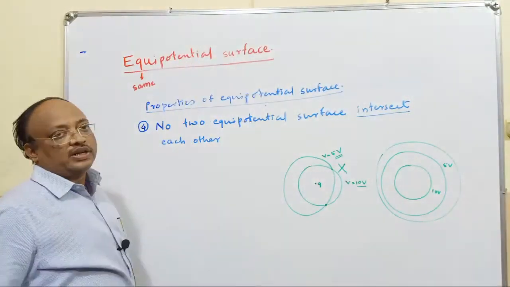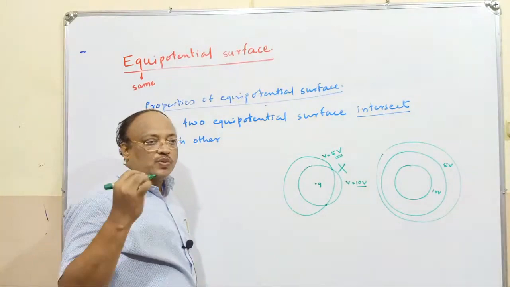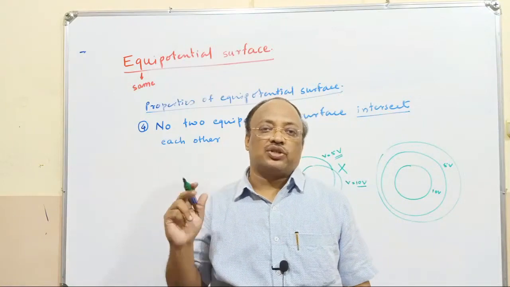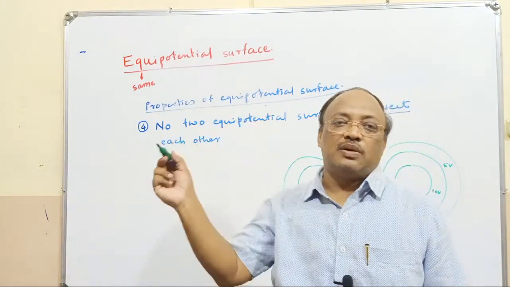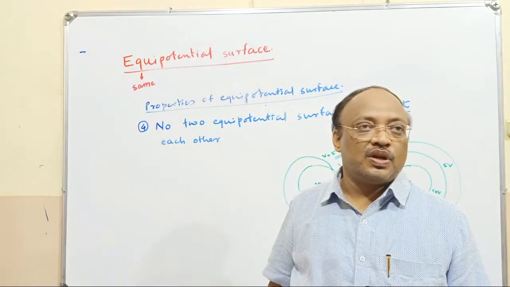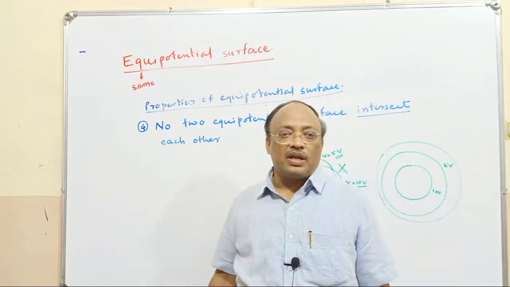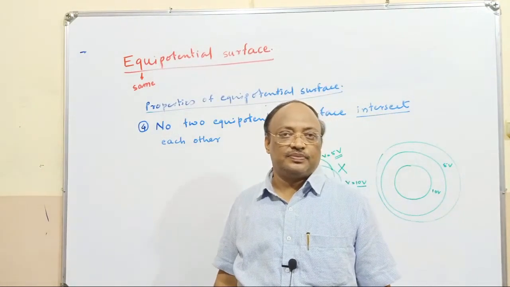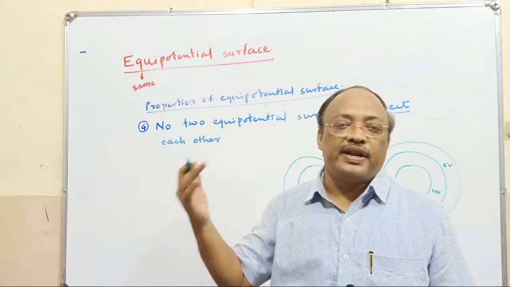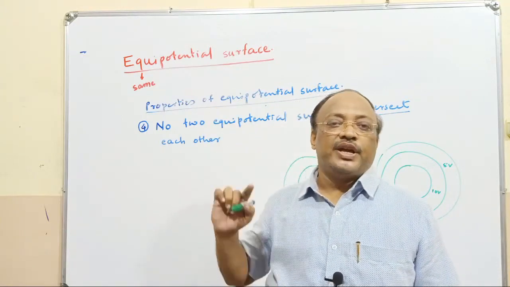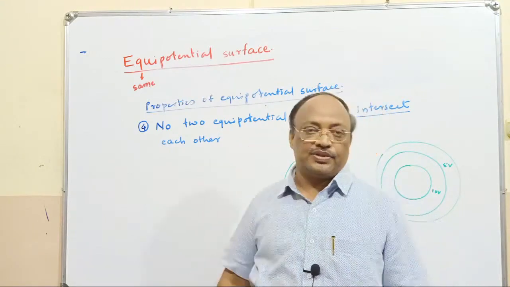So these are the properties of equipotential surface. The first: no work is needed to move a charge from one point to another on the equipotential surface. The second: electric lines of force, or the electric field, are always perpendicular to the equipotential surface.